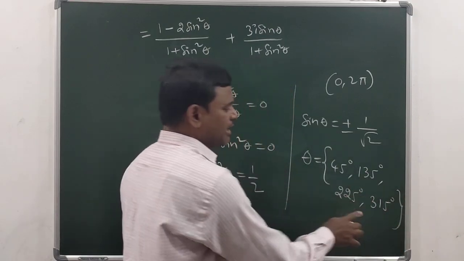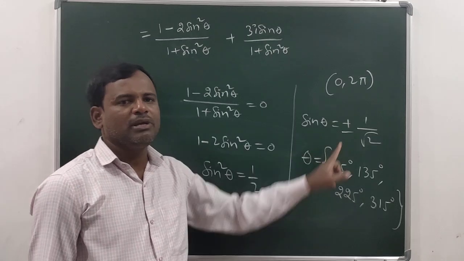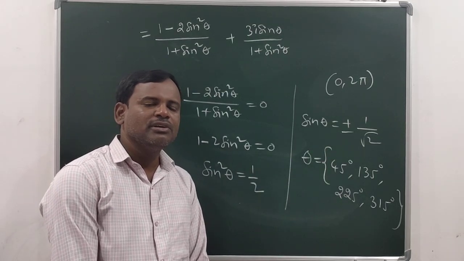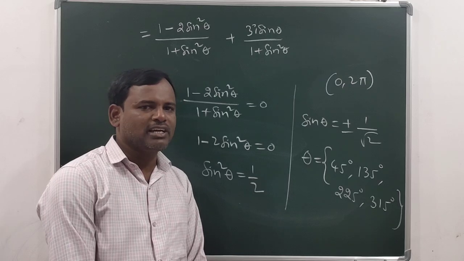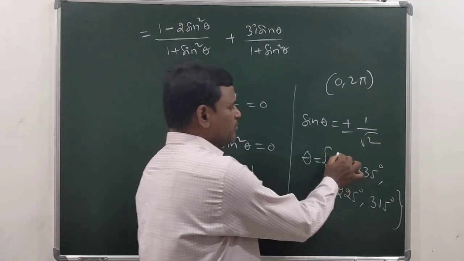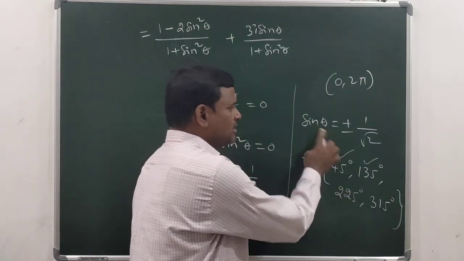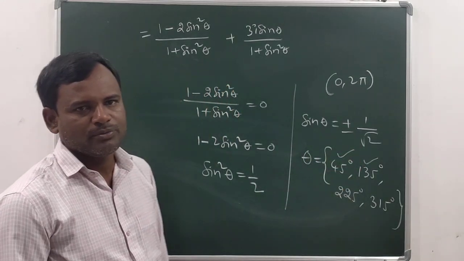You know, sine is positive in the first and second quadrants, so at these two angles you will get plus 1 by root 2. At the other angles, this will be minus 1 by root 2.